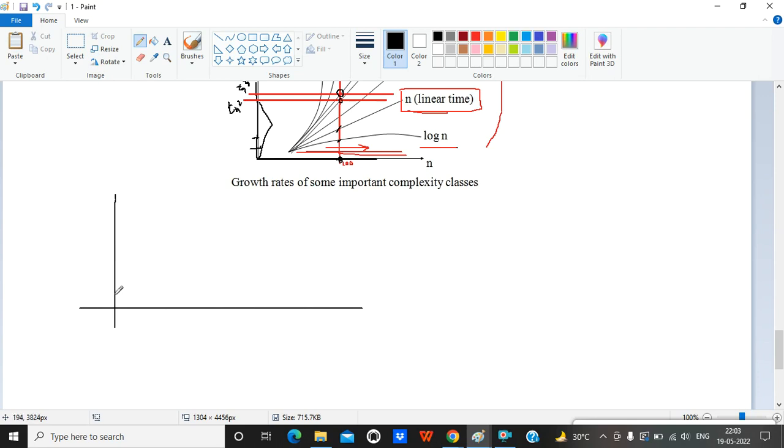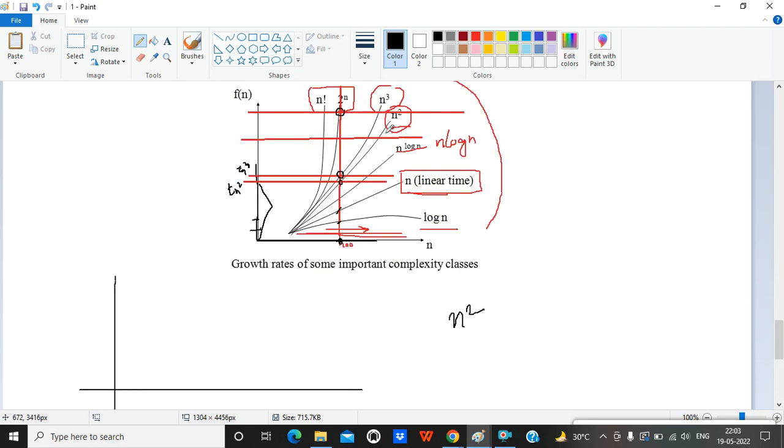Say suppose you will find something here, say n log n is better than n square. You identify from the graph that n log n is less than n square. See how the comparison takes place.